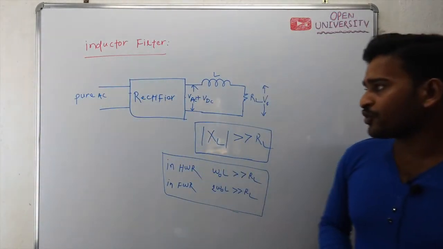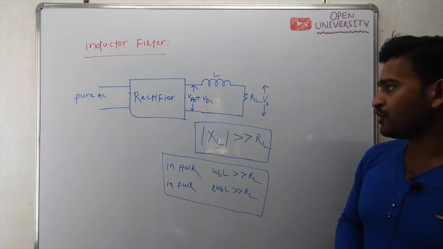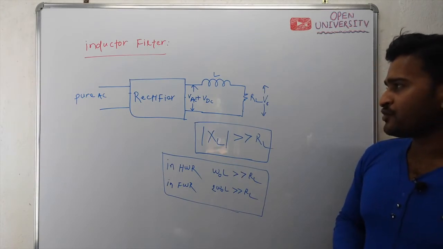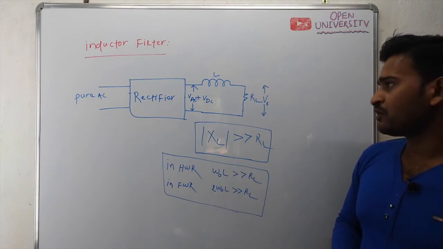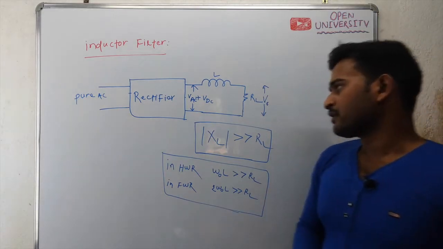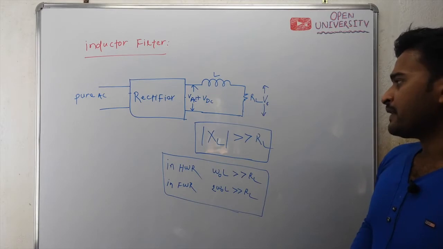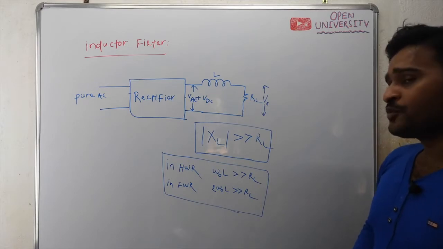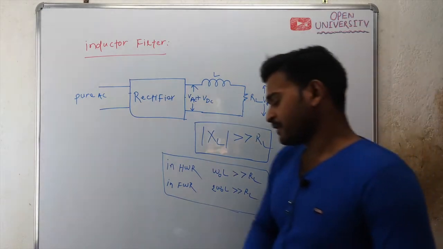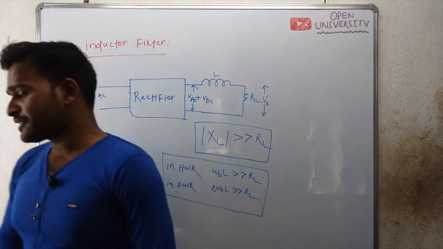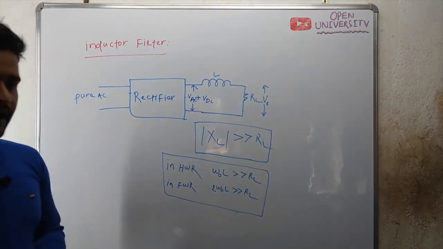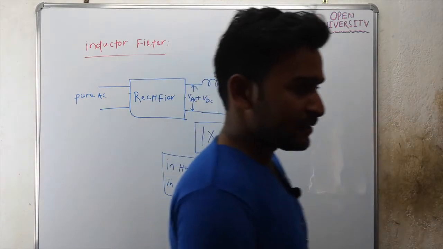So in the output of the inductor filter, a negligible amount of AC component and the DC component will be present.